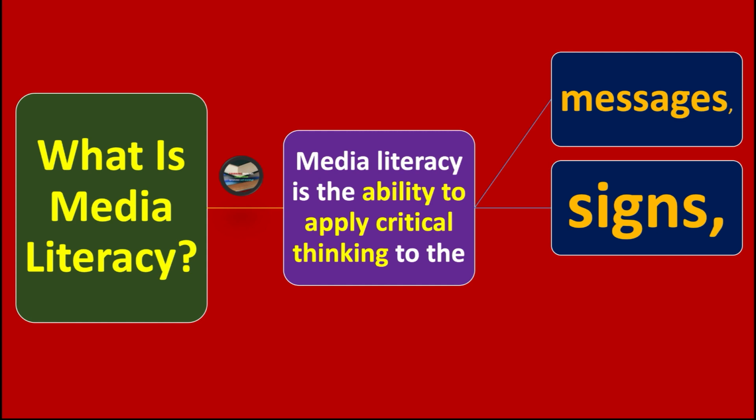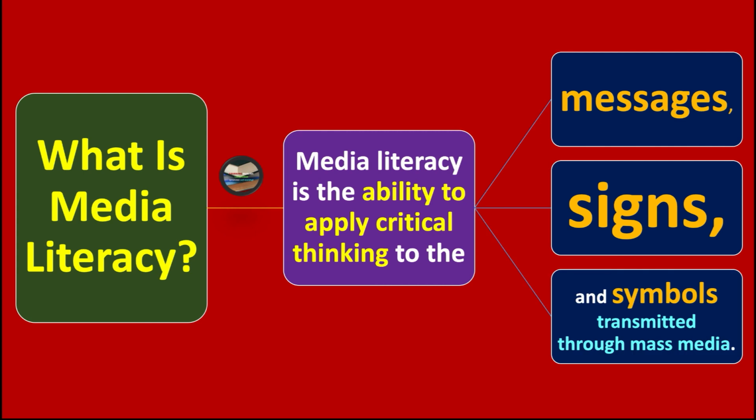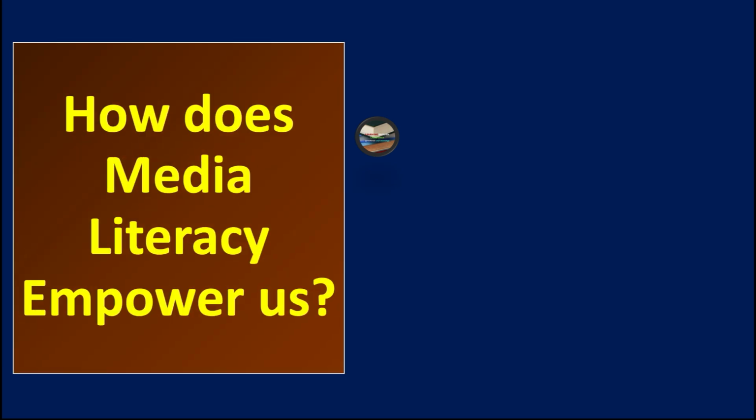So we have to apply critical thinking to what extent those signs that are intended for us are useful in our context. And symbols transmitted through mass media. So we have to apply critical thinking to the messages we receive, signs we see, and the symbols we come across, which are transmitted through mass media in a variety of ways, to impress upon us. We have some more ideas about media literacy.